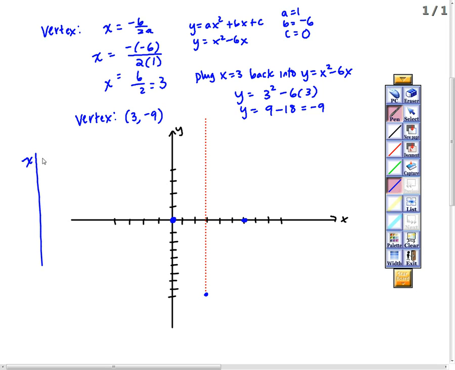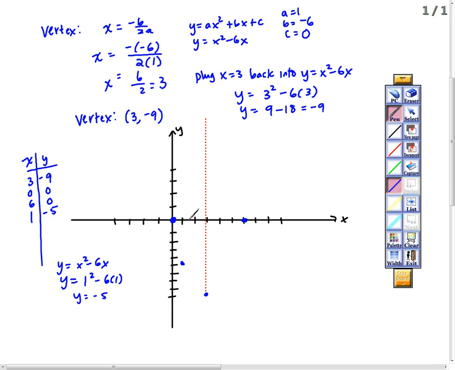You could also make an x-y table. So I had (3, -9), (0, 0), (6, 0). Maybe I want to put in x equals 1. So y equals x squared minus 6x. If x is 1, y equals 1 squared minus 6 times 1, so y equals -5.